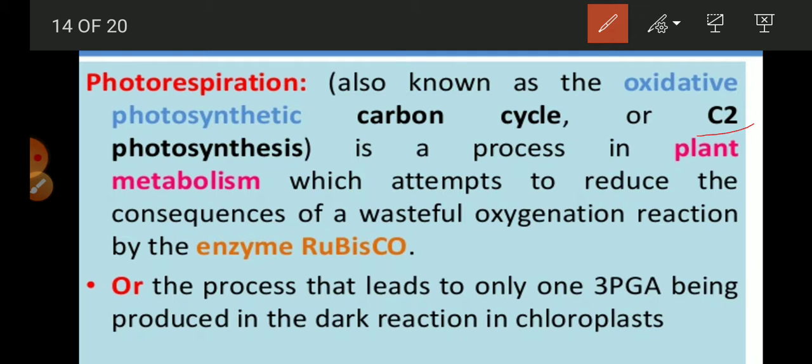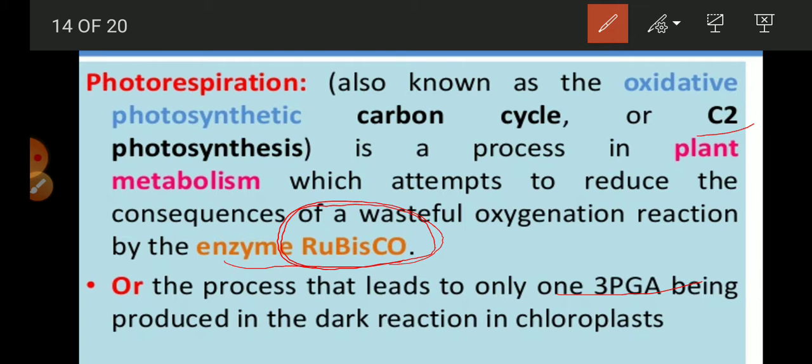In plants specifically, it attempts to reduce the consequences of the wasteful oxygenation reaction by the enzyme Rubisco, a process that leads to only one 3-PGA being produced in the dark reaction in the chloroplast.